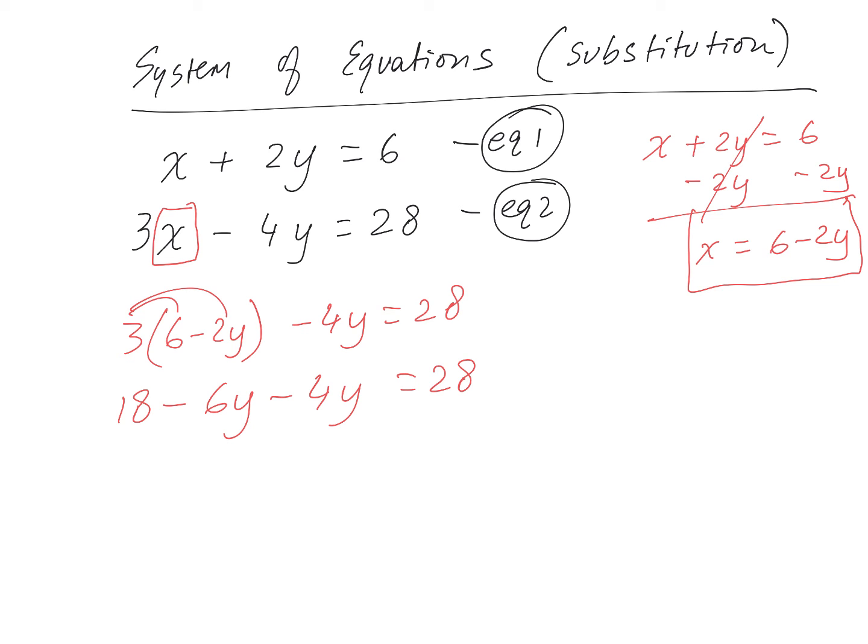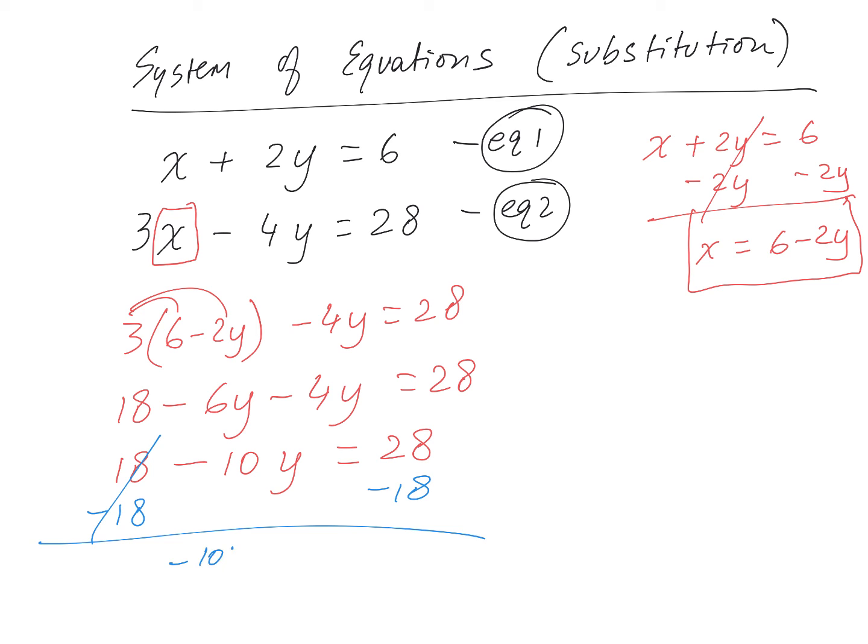So minus 6y minus 4y will give me negative 10y. And then I can move the 18 by subtracting, and then divide by negative 10. So that will give me y as negative 1.